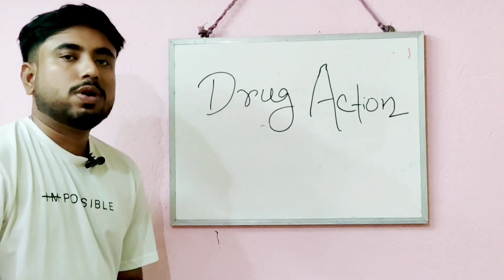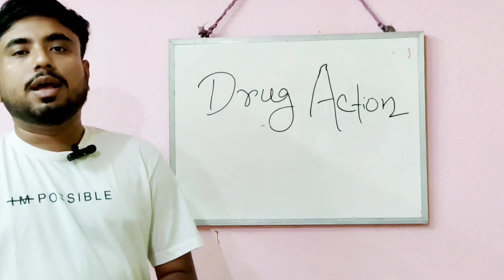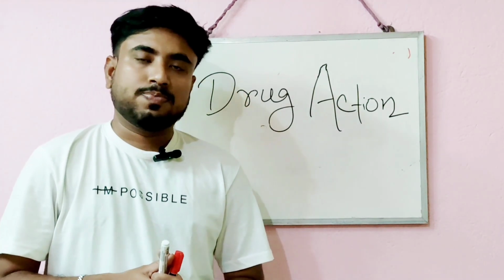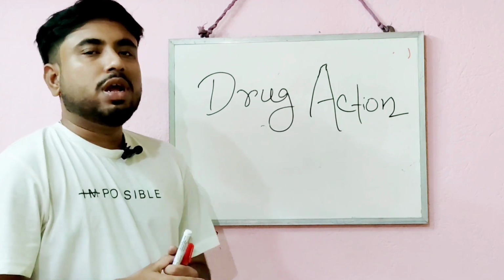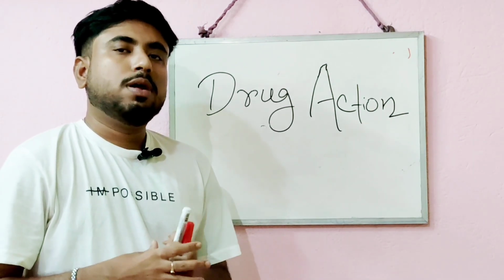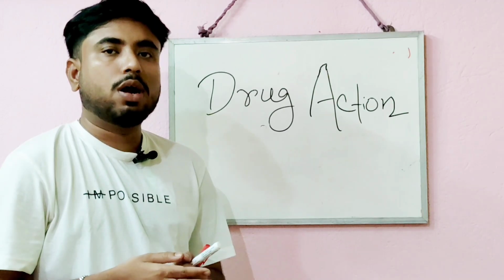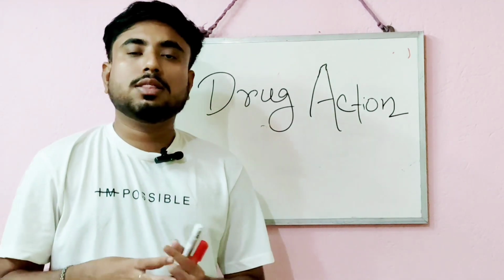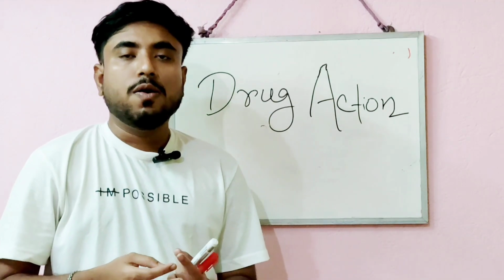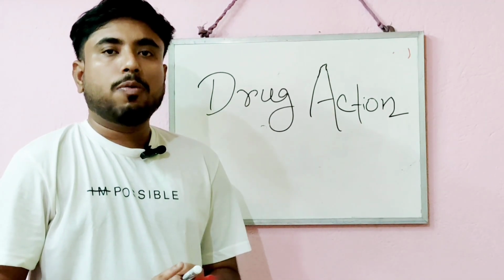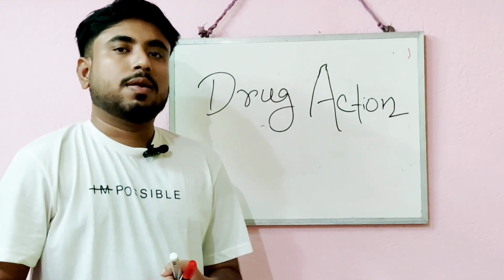I have already told you a drug is a substance or chemical that we take in our body for different actions. It can be to reduce any disease or to replace something we are lacking in our body. A drug is taken for antagonizing, for treatment, for prevention, or for care.